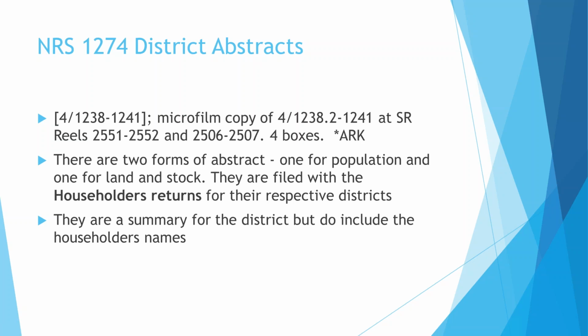Where they've survived, which is where there are householders' returns, they give a summary for the district, but they do include householders' names. So absolutely fabulous for local history in terms of being able to look at what was happening in that area in a summary form, and even to look at who was around, if you're looking at it from a family history point of view, who was around your people in that area.